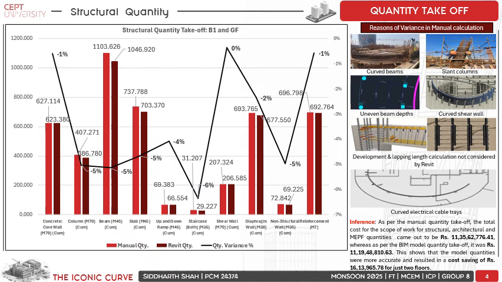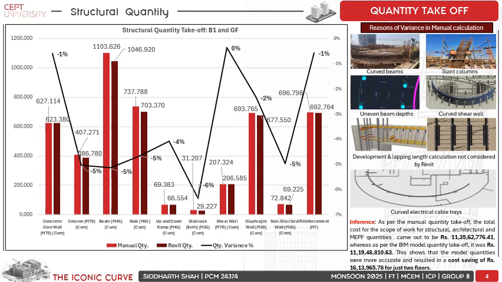So the graph shows the concrete quantities for core wall, column, beam, slab, ramp, staircase, shear wall, diaphragm wall, and non-structural wall, and the reinforcement quantities for the scope of work, which is basement 1 and the ground floor.